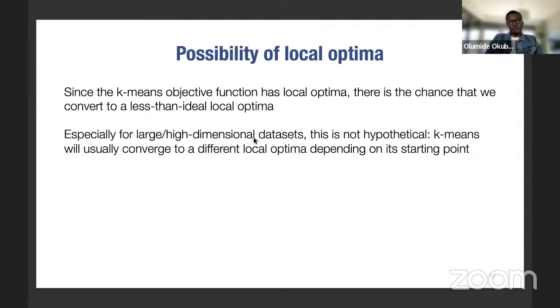But you can start from a random place where you never really get the best convergence. And this is the problem with k-means: most times it's not reproducible if you run it like this.